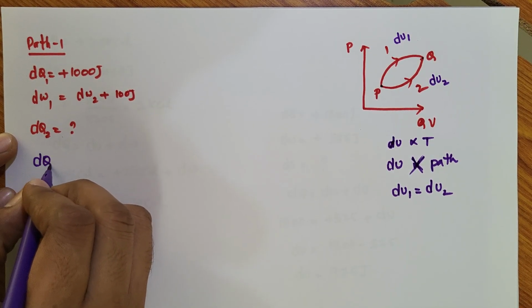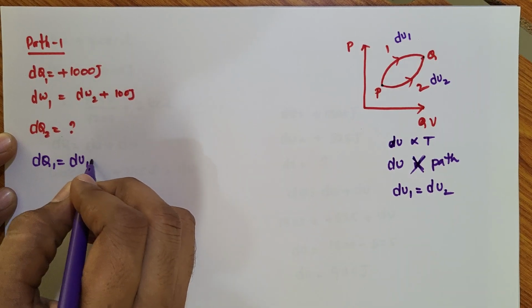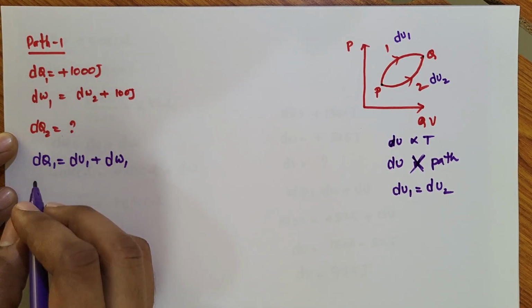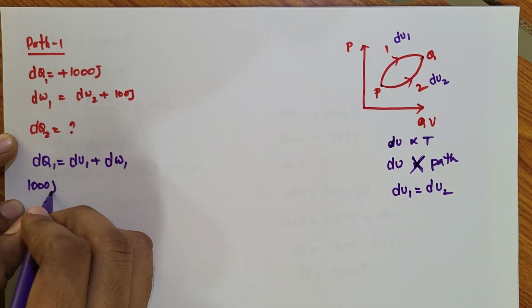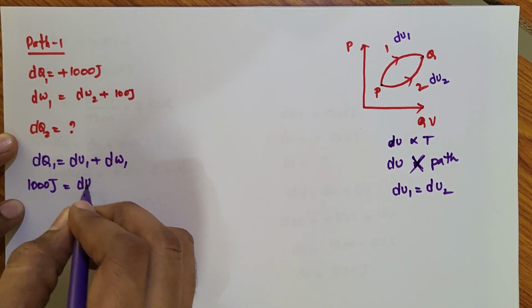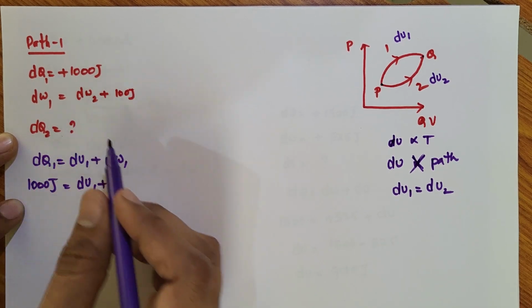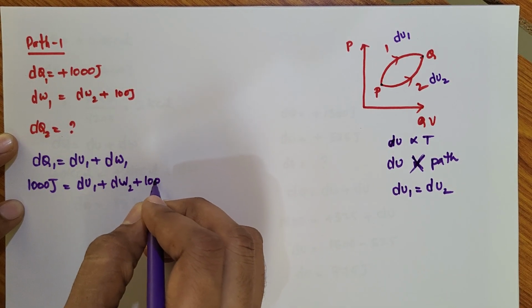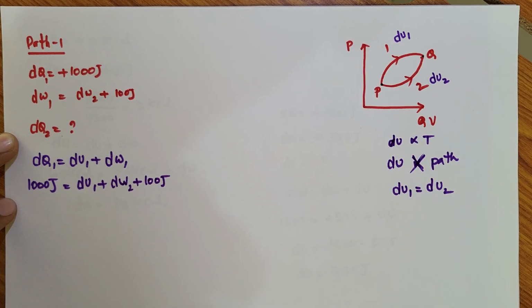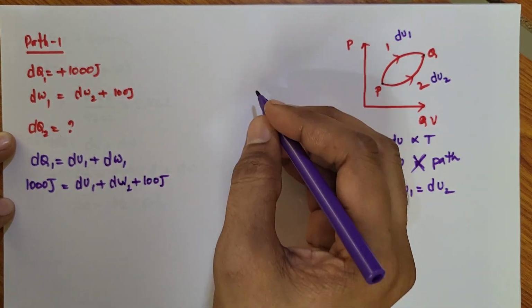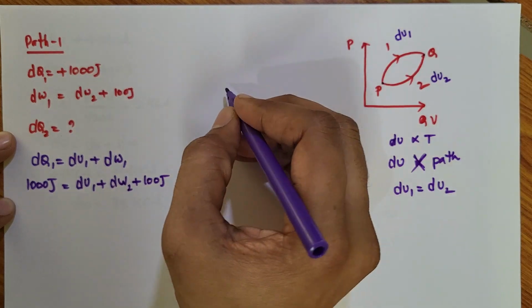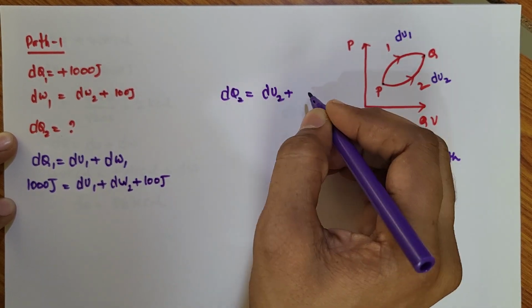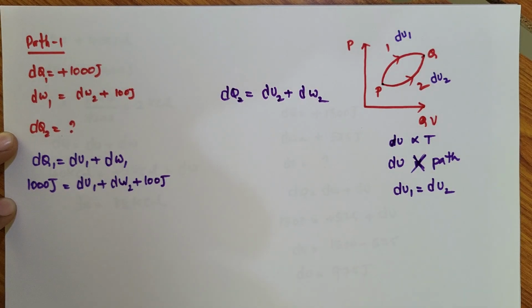Now what can we write? We can write dQ1 is equal to dU1 plus dW1. dQ1 we know is 1000 joules, equal to dU1 plus dW1, which is given as dW2 plus 100 joules. Now come to the second path. In the second path we can write dQ2 is equal to dU2 plus dW2.